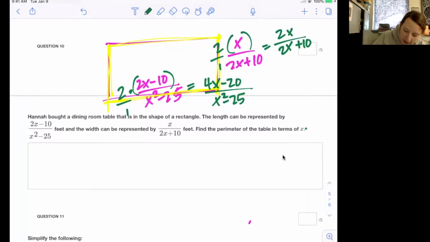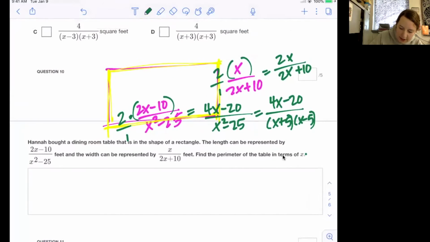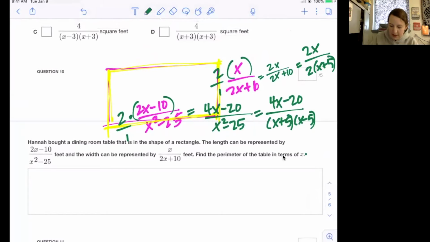So I'm going to go ahead and factor my denominators: (x plus 5)(x minus 5), and this has 4x minus 20. Okay, this other fraction can factor as 2 times (x plus 5) in the denominator. We have the 2x in the top.